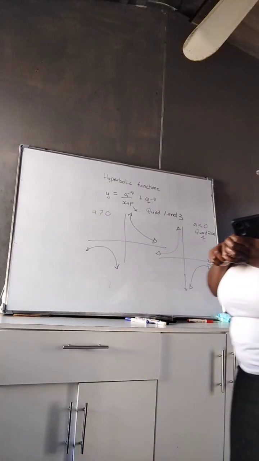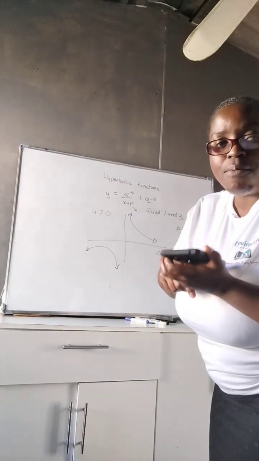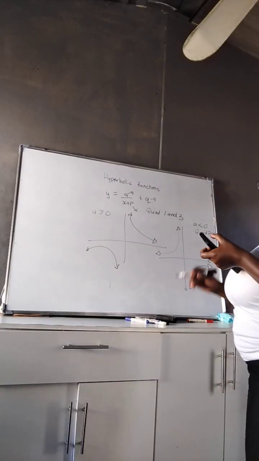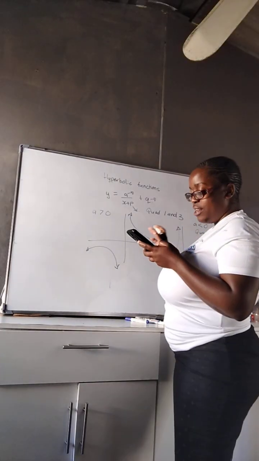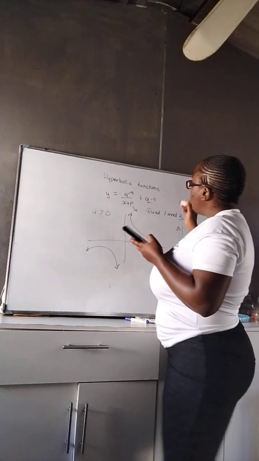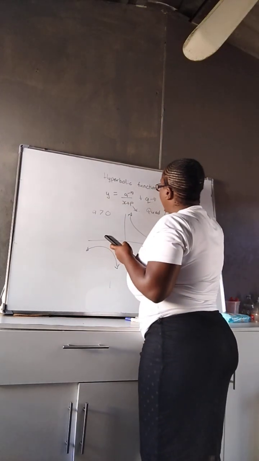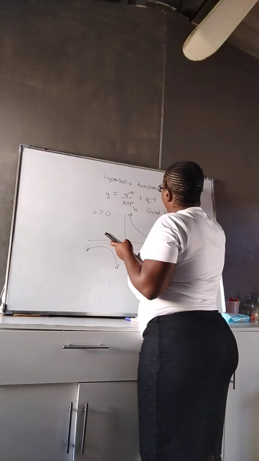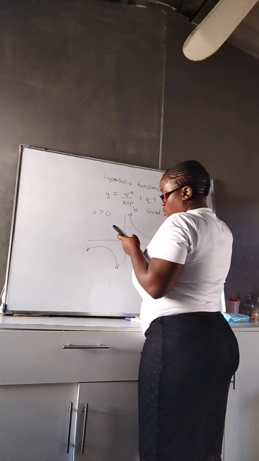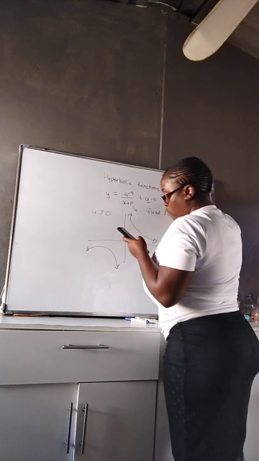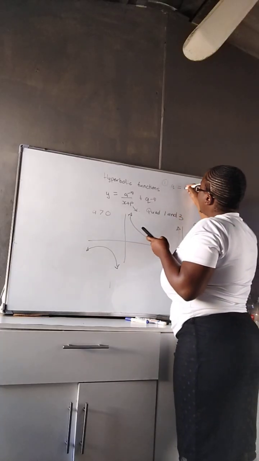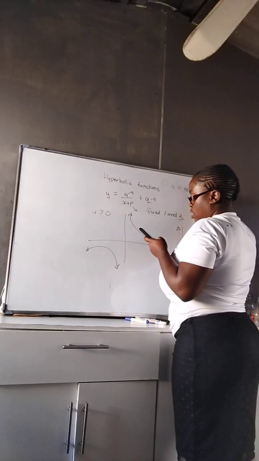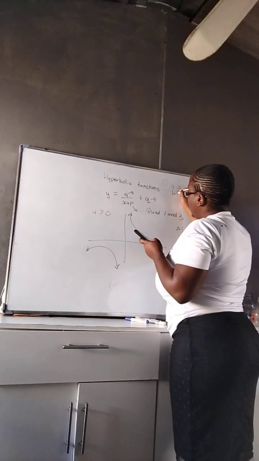So how do we solve hyperbolic functions? All right, so number one, you have to know that q represents the vertical translation.